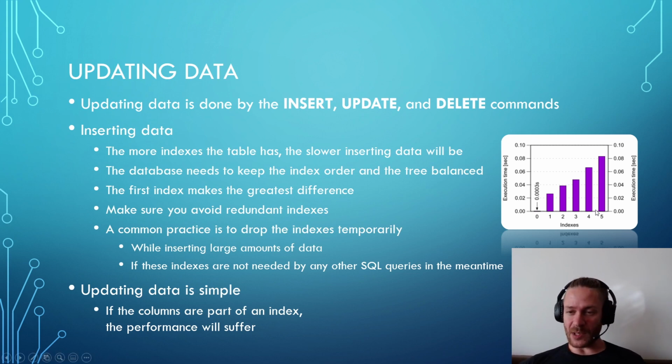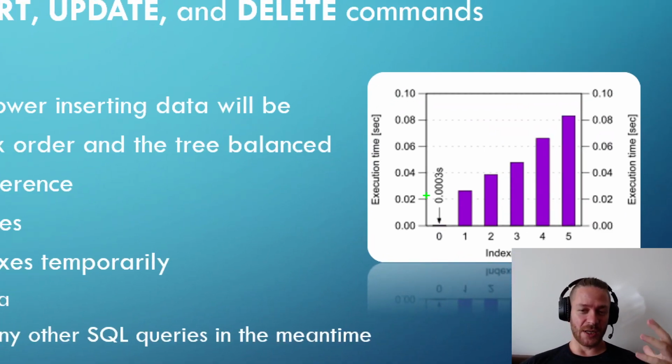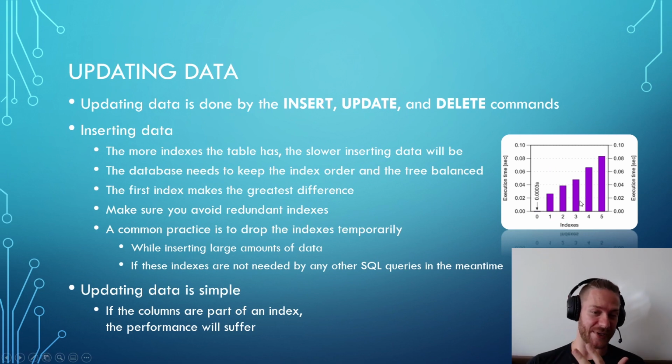So consider this: if we have one index, there is no problem having a second one, because the penalty is not that great compared to adding a first index at all. But we should keep some rules in mind.